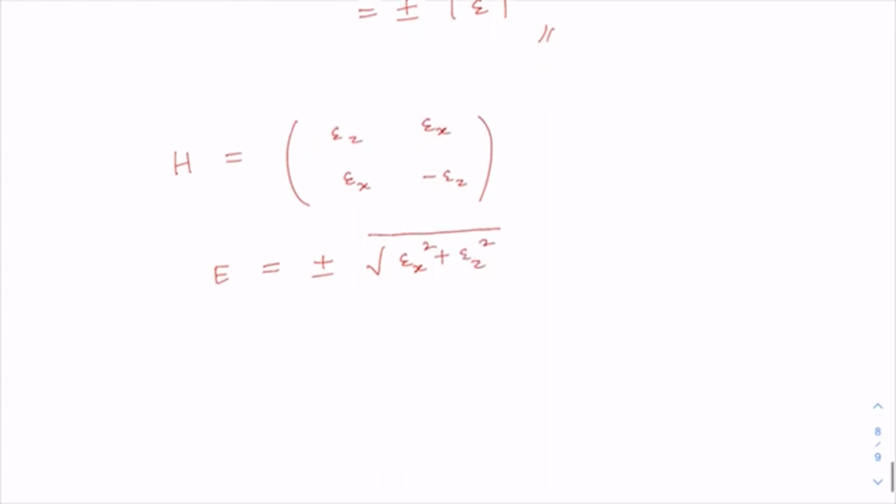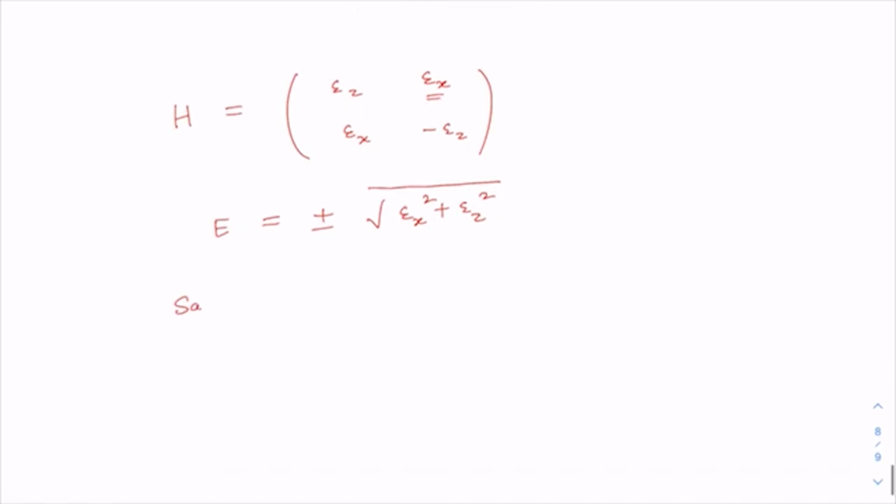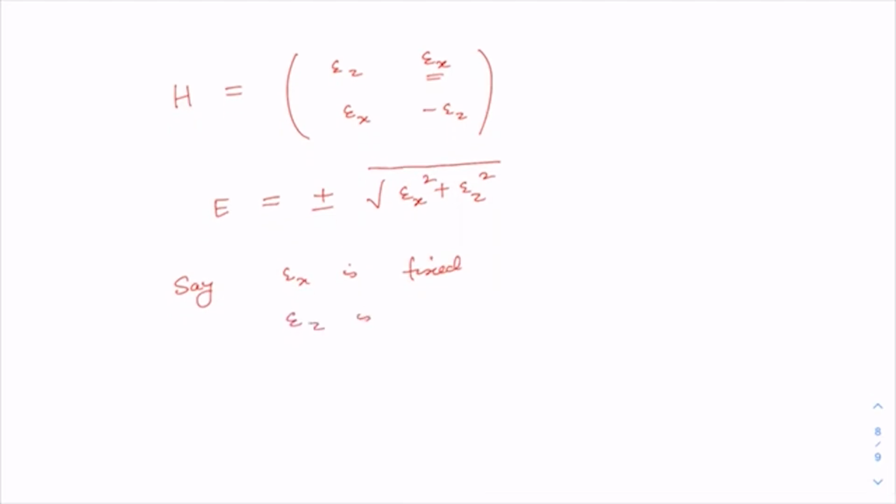Let us assume that the coupling field or the parameter epsilon x is fixed, and the parameter epsilon z is controllable or variable. We can control it or we can vary it, it's a variable parameter.